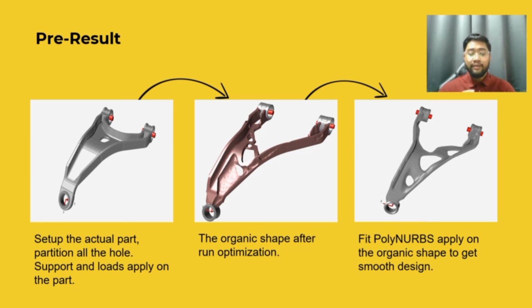The second picture shows the organic shape, which has been generated after I ran the optimization. And then we go to the last picture. After the organic shape has been generated, I use the PolyNURBS feature in Altair Inspire and apply it on the organic shape to make it a smooth design.